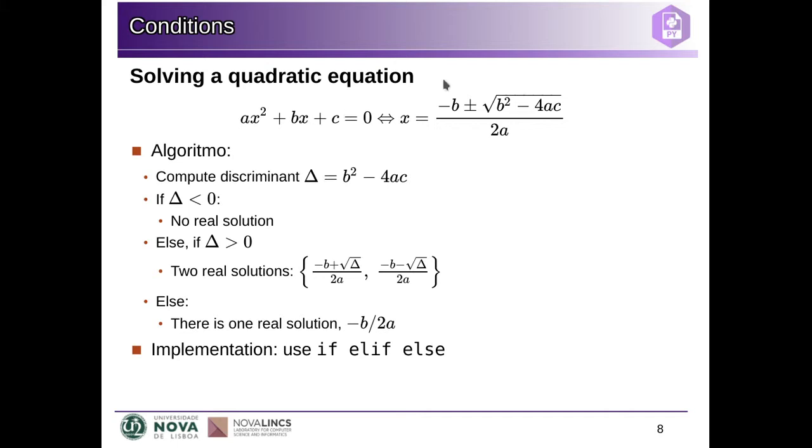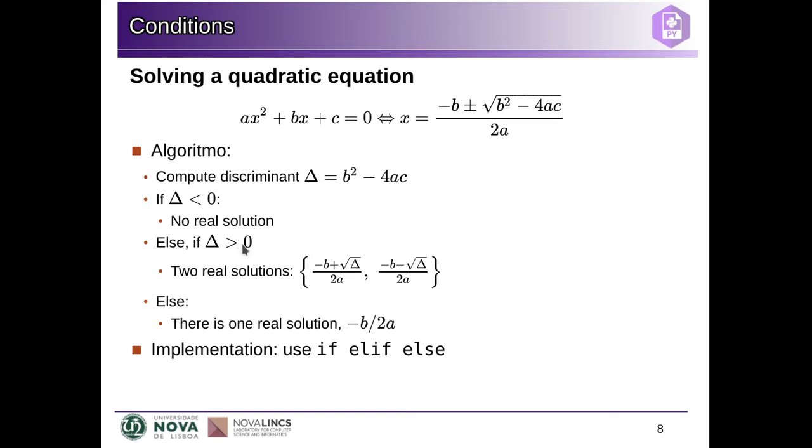But what we need to do to actually solve this equation is to first compute this discriminant, the part inside the square root, because delta, b squared minus 4ac, will tell us if we have real solutions or not. If delta is below 0, then there is no real solution to the equation.